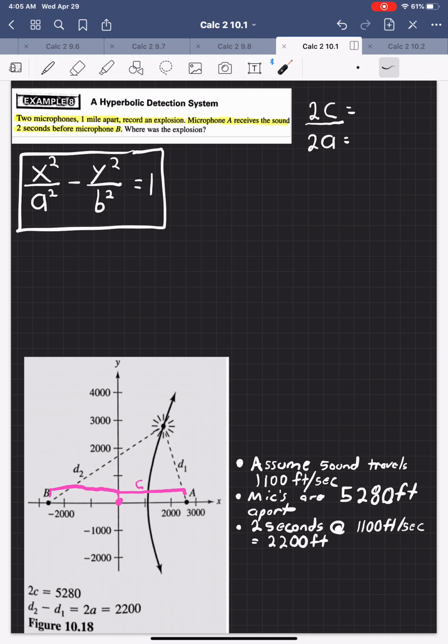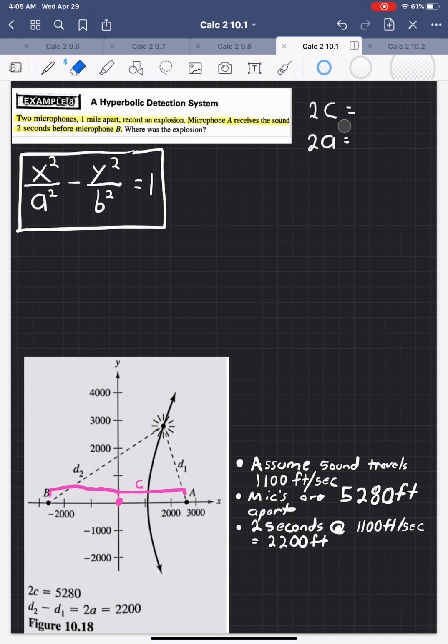And it doesn't take a lot of analytic ability to understand that if microphone A received the sound before microphone B, then the explosion is going to have occurred on the right branch of our hyperbola, right? I mean, there is a left branch, but if microphone A receives the signal before microphone B, then that tells me it's going to occur on the right branch of the hyperbola.